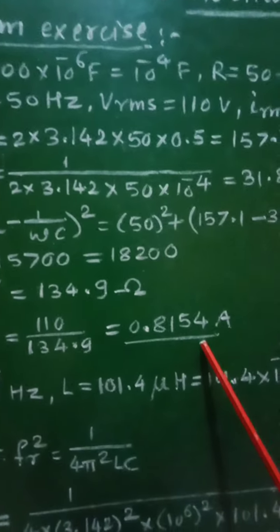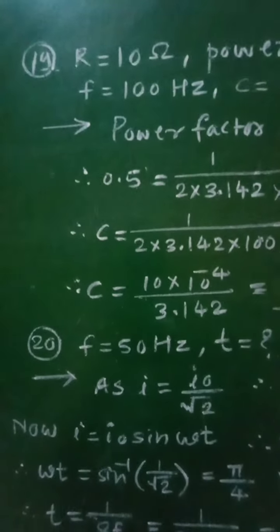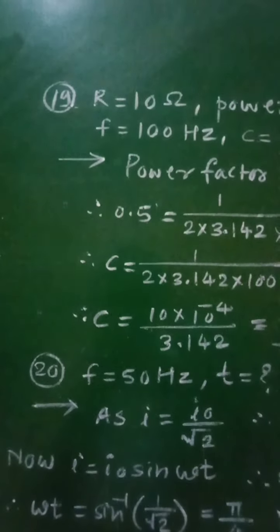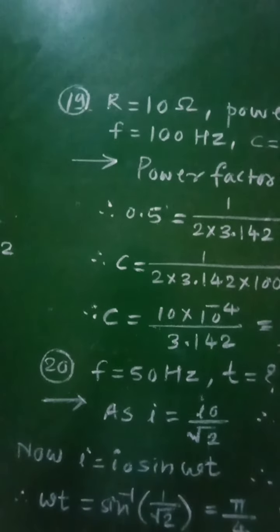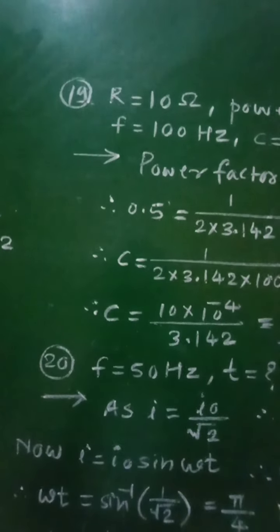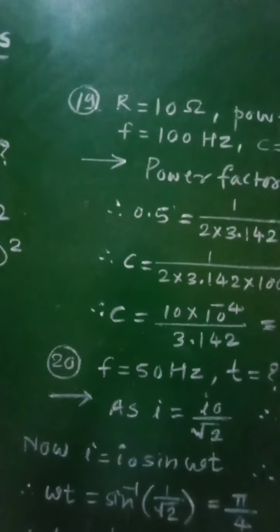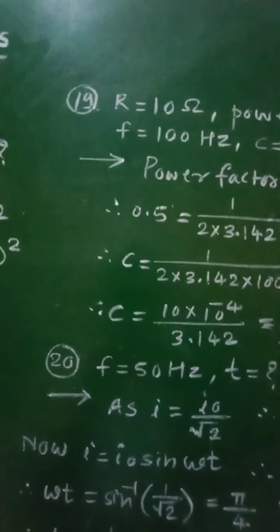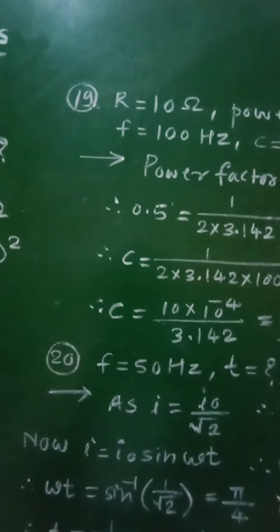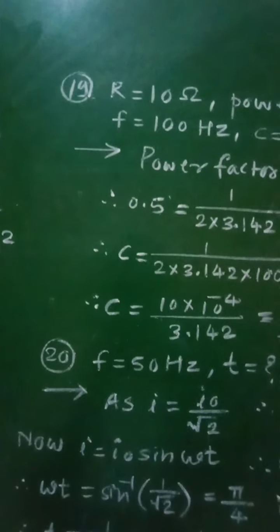Then we will go for next numerical, that is numerical number 19, which is given as: find the capacity of a capacitor which, when put in series with a 10 ohm resistor, makes the power factor equal to 0.5. Assume an 80 volt 100 Hz AC supply.